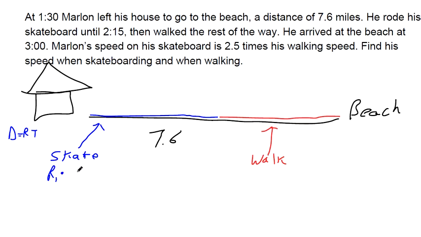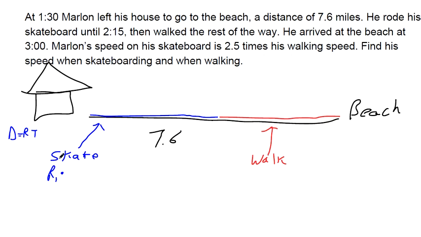We should write time in terms of hours, just because miles per minute isn't a conventional unit. We've traveled 7.6 total miles, so let's make sure we write everything in terms of hours. You could do it in minutes and write down the speed, but it should specify that it wants it in miles per hour.